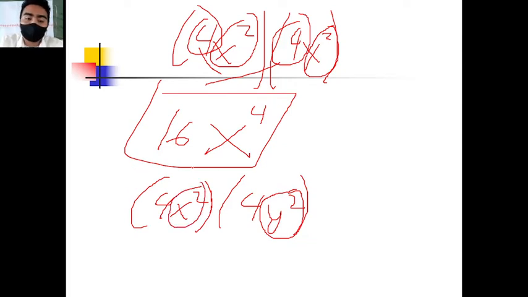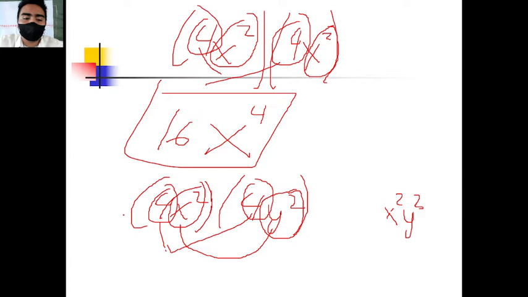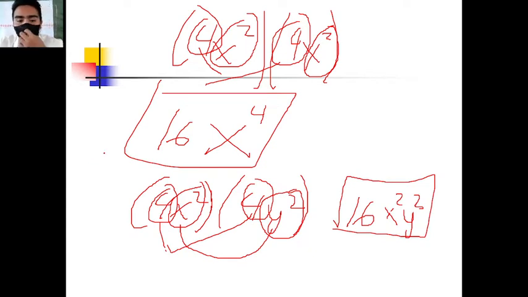The rule is variable to variable, coefficient to coefficient. Multiplying x squared by y squared gives x squared y squared, and multiplying the coefficients gives 16. So the final answer for 4x squared multiplied by 4y squared is 16x squared y squared.